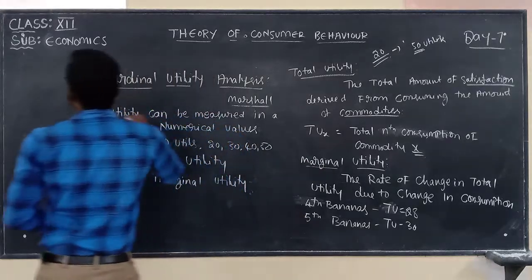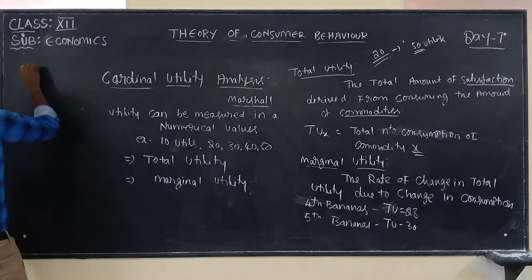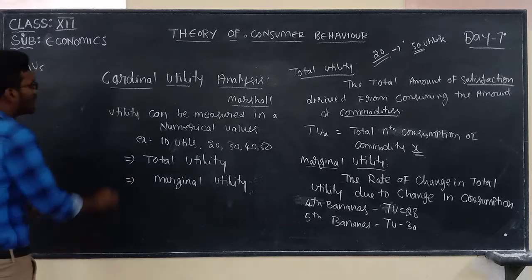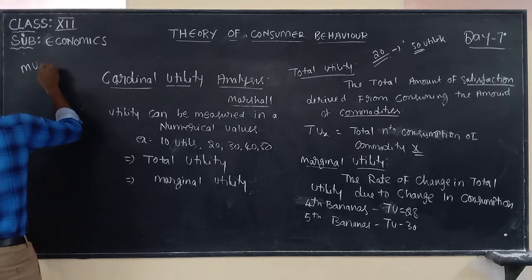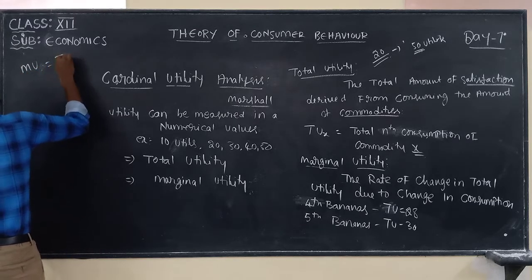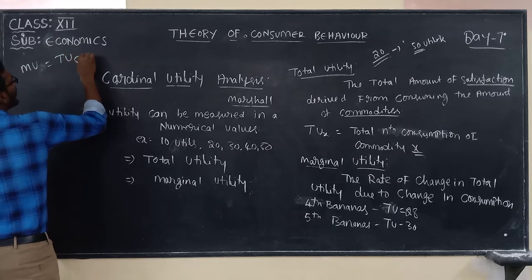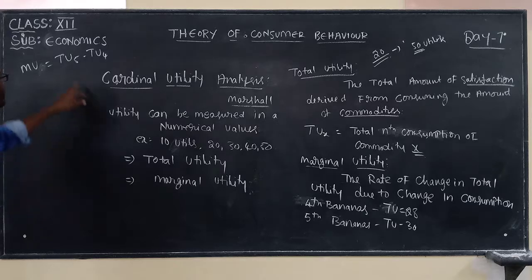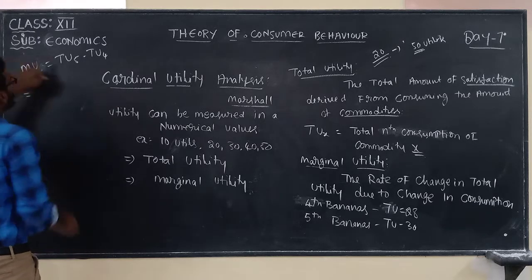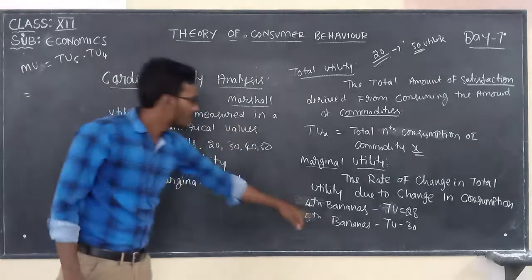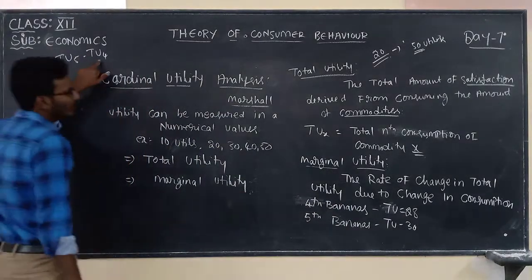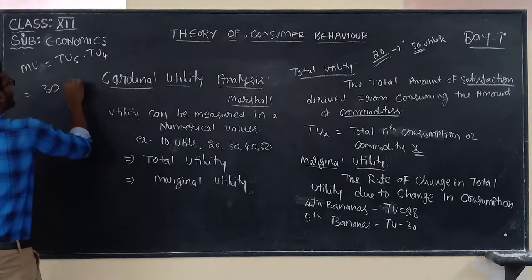So here, marginal utility of the 5th banana equals total utility of the 5th banana minus total utility of the 4th. Total utility of the 5th banana is how much? 30. Total utility of the 4th? 28.